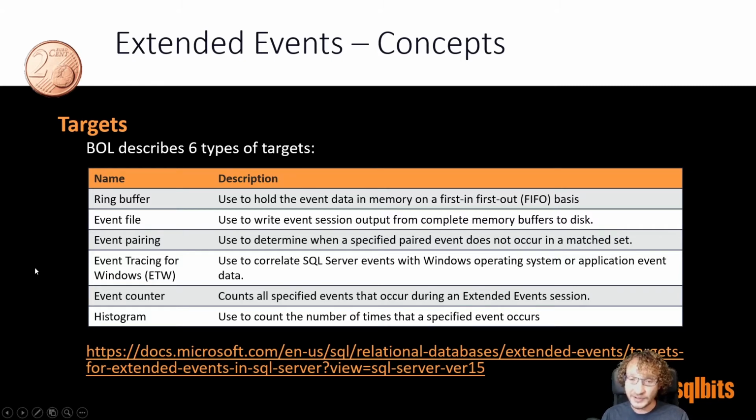We also have event tracing for Windows when we need to pair events with those found in Windows. And we have two counter targets. One for counting the events, all the events that you throw at the event counter target get counted. And then we have a histogram target that is capable of grouping the events before counting, using one of the fields or actions as the grouping element.